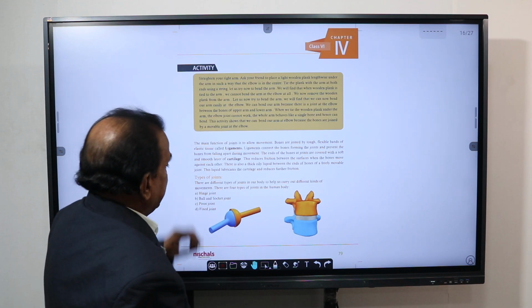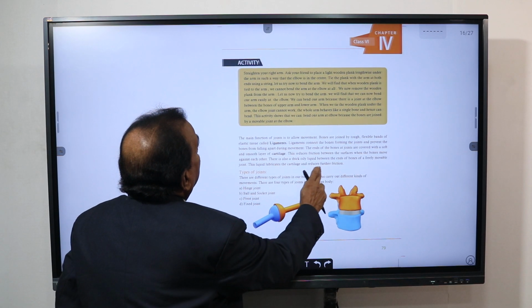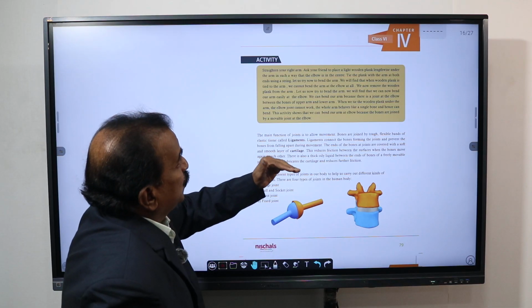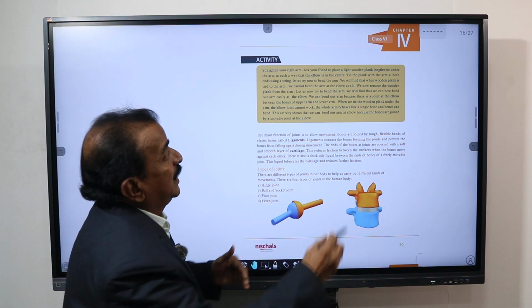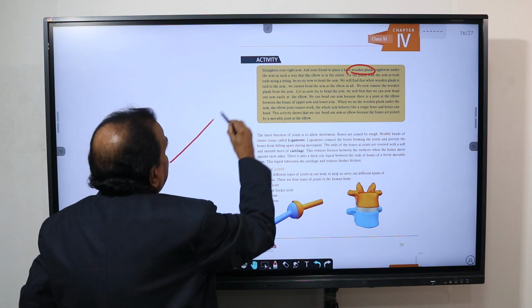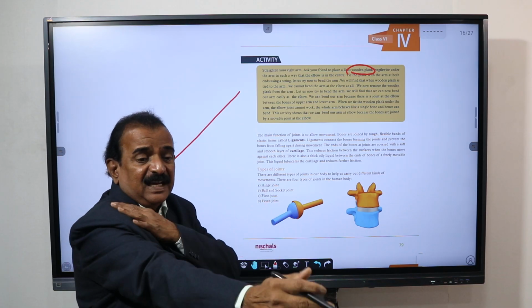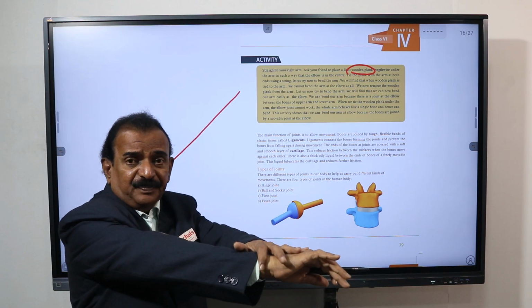There you see the activity part. To do this activity we need a straight wooden plank that is as long as our arm.